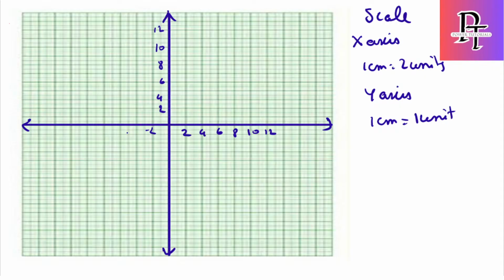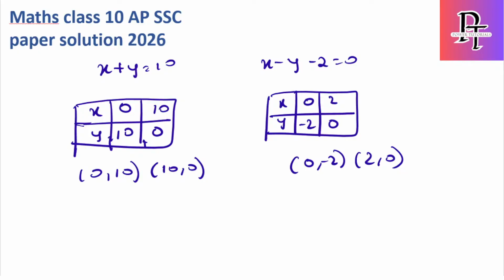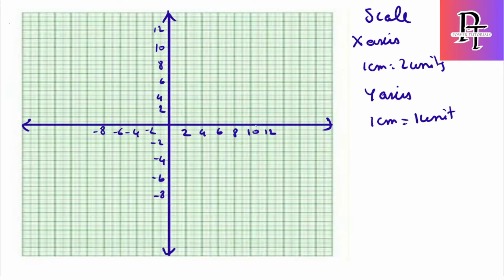Minus 2, minus 4, minus 6, minus 8, minus 2, minus 4, minus 6, minus 8. Okay, let's plot it. 10 0 and 0 10: 0 10 is here, 10 0 is here. Let's plot it.